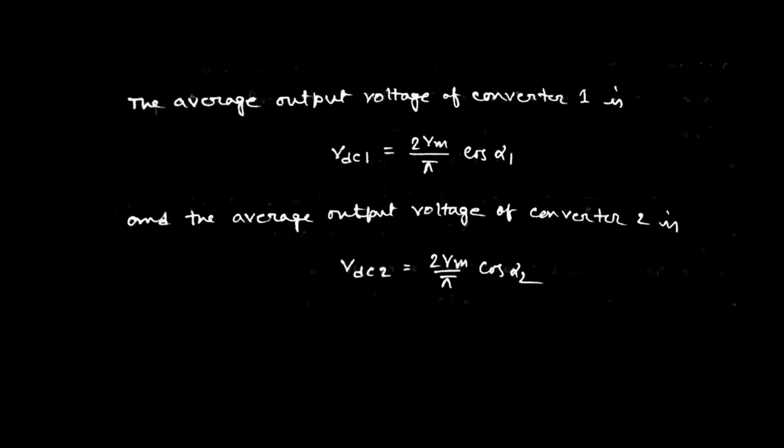So the average output voltage of converter 1, presented by VO1, is equal to 2Vm by pi cos alpha. Actually, this expression can be explained in case of the single phase full wave controlled converter with RL operation.